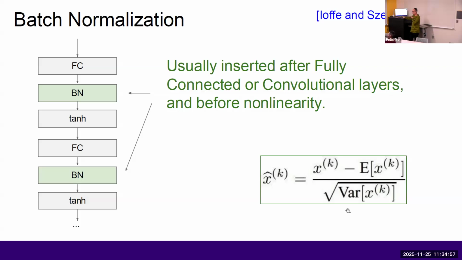You estimate the mean and the standard deviation from these mini-batches, to make sure the output of the activations is roughly zero mean with standard deviation of one, such that everything has the right scales. This is very important.